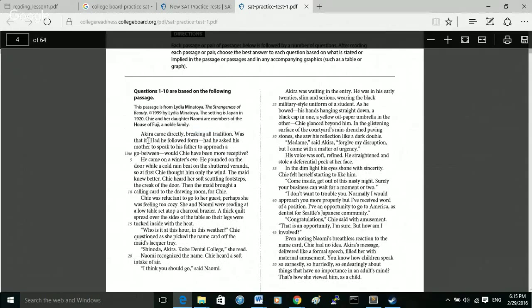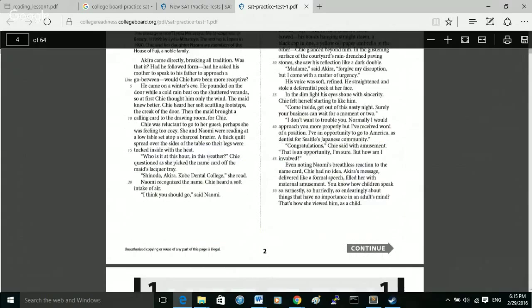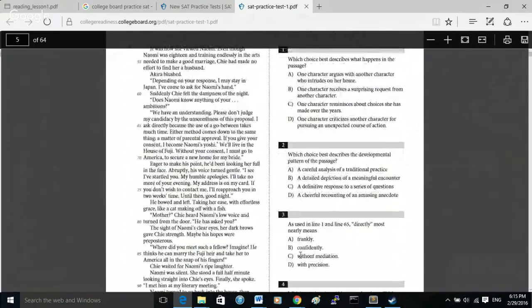Had he followed form, had he asked his mother to speak to his father to approach a go-between, would she have been more receptive? Here you can see that he actually skipped a step. So answer choice C could be right. There's no evidence showing that it's not right. But let's make sure and go to line 65 as well.